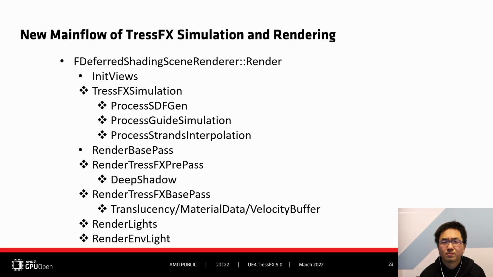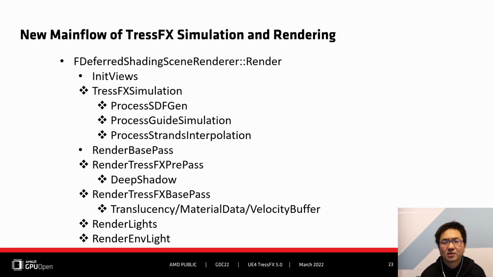It has the TressFX prepass to generate shadow info and the TressFX base pass to generate translucency. Material data such as base color, roughness, specular are prepared for the new shading model, and you can use the strand UV feature to generate more interesting base color.